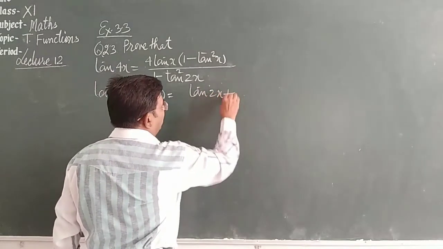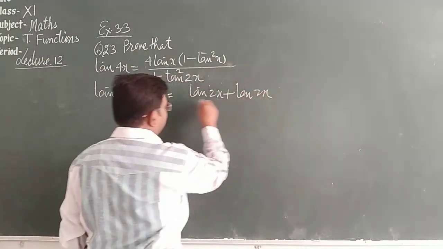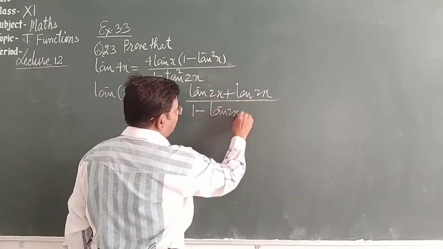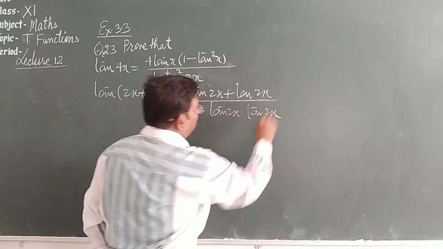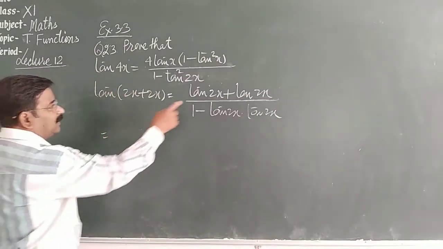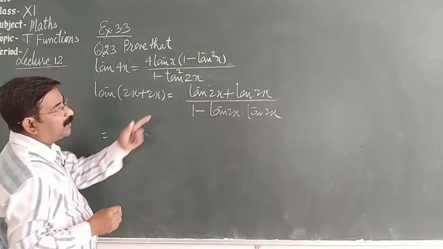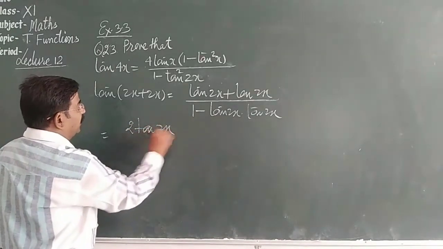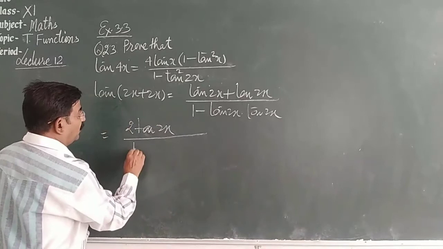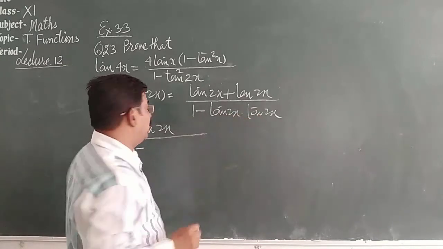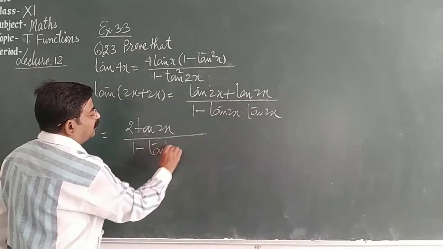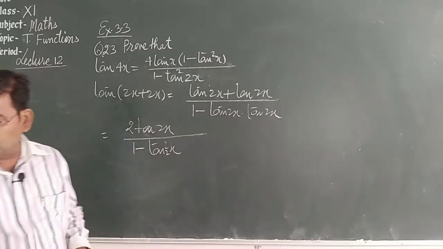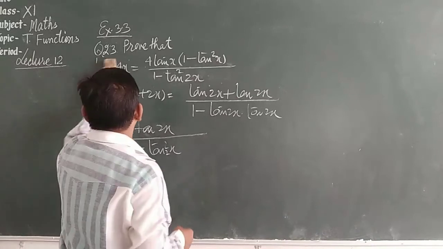Tan 2x plus tan 2x upon 1 minus tan 2x tan 2x. The same thing we have got. See, tan 2x plus tan 2x is 2 tan 2x, upon 1 minus tan 2x into tan 2x, which is tan square 2x, and again you can change the formula. So you can go through it, you can practice this question yourself.